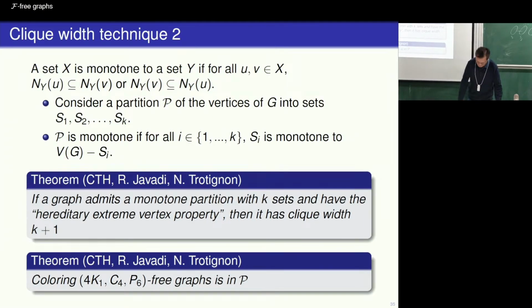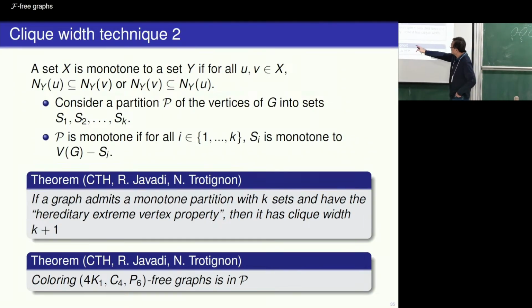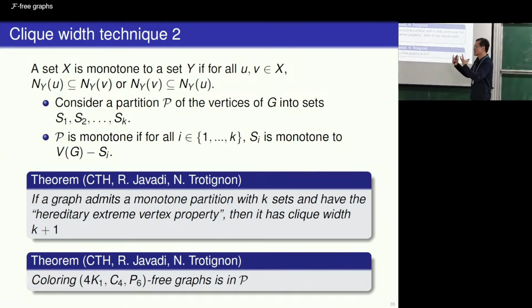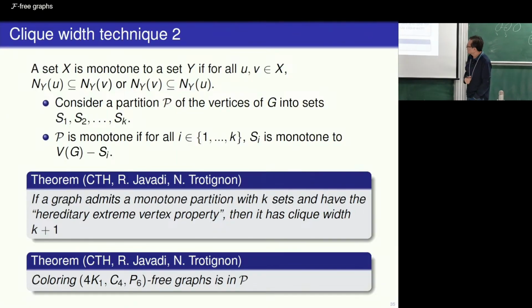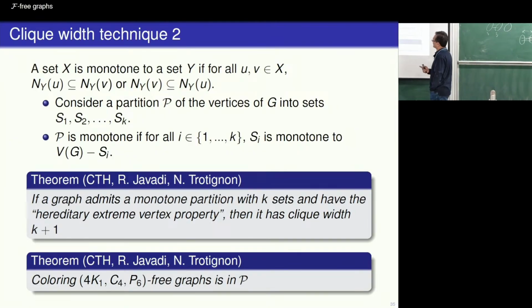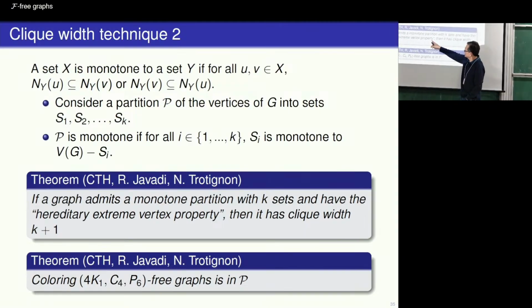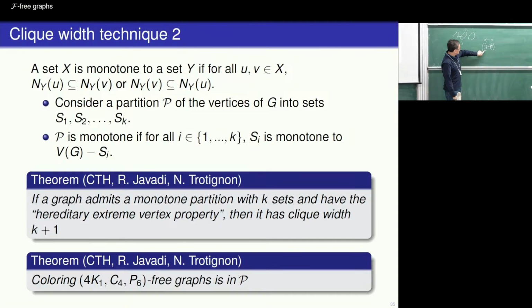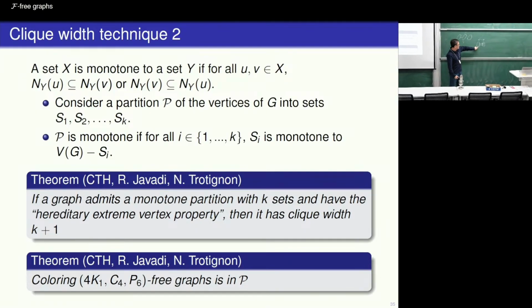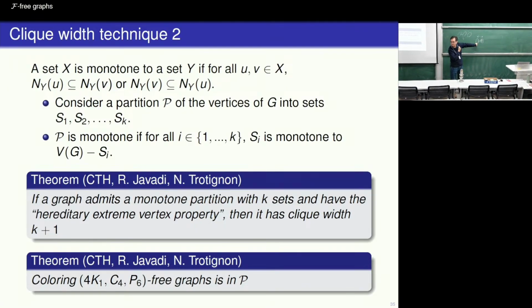Essentially we prove that if a graph admits a monotone partition with some special condition, which is a little bit complicated, with this property, very extreme vertex. It just means that if I take a maximal vertex in X, then it has to be uniform to the rest of the graph. Or if I take a minimal vertex in X, it has to be uniform to the rest of the graph. So this idea generalizes this idea of uniform.